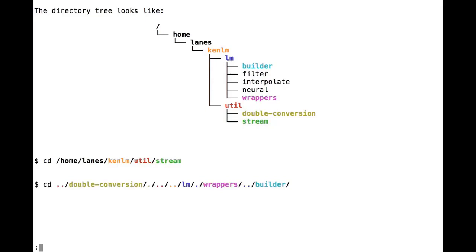Now let's look at our complex relative path. Again, notice that I've color-coded the names in this relative path to match the corresponding subdirectories in the directory tree. Dot dot, which you see here in red, refers to the parent of the current working directory.